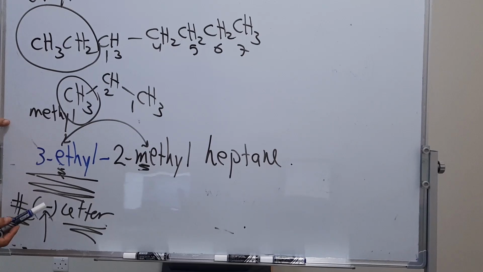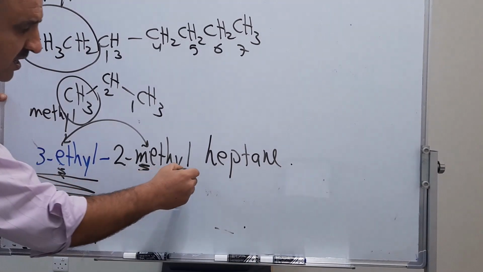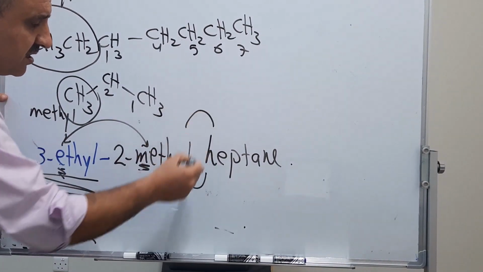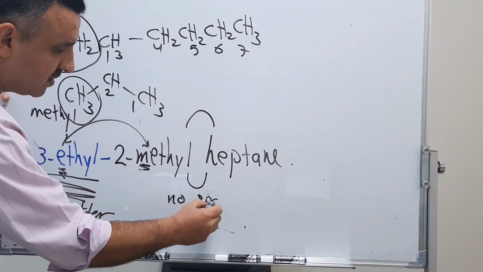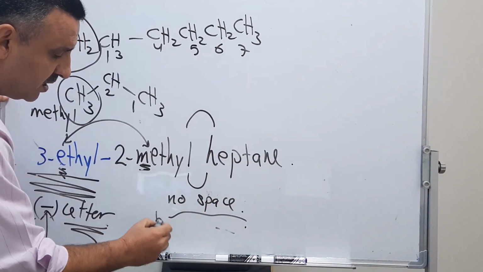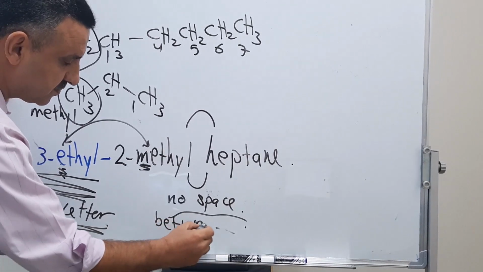So we must always use a hyphen, regardless of the name, between any number, whatever number you have, and a letter. Always, this is true. Secondly, between this letter and letter, this is L and this is H, there is no space between any two letters.